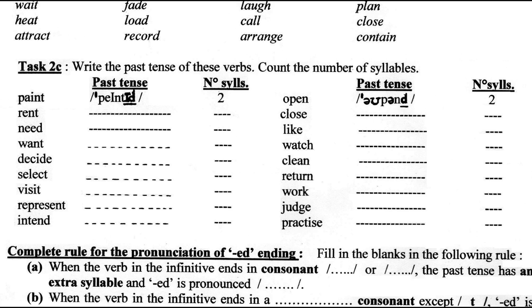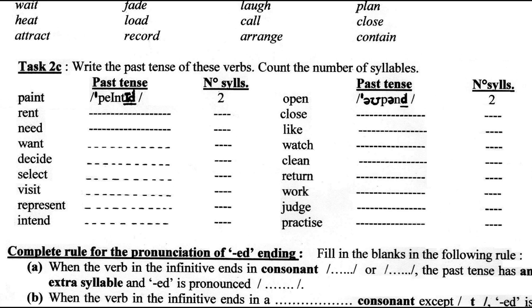The next verb is select. In the past, it becomes selected. Se, short E, le, e, que, te, short E, and de. So how many syllables do we have here? We have 3.